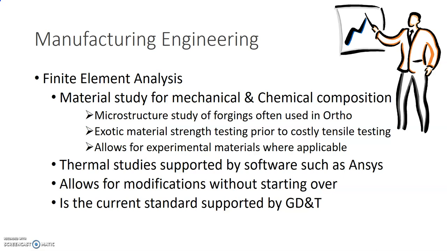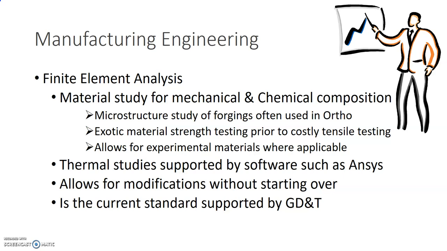Exotic material strength testing, often in the raw materials stage, can be accomplished by tensile testing or dynamic testing, where you're actually bringing the material to a point of failure. It also allows for experimental materials where applicable.